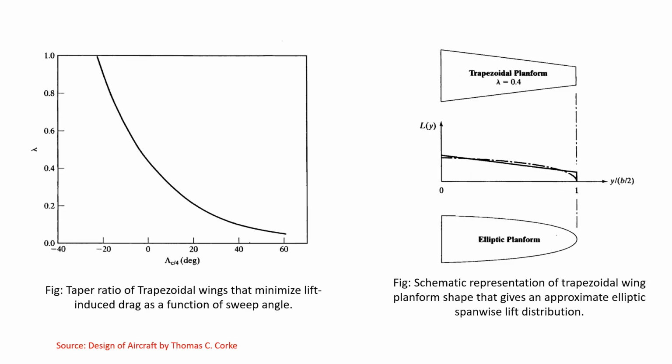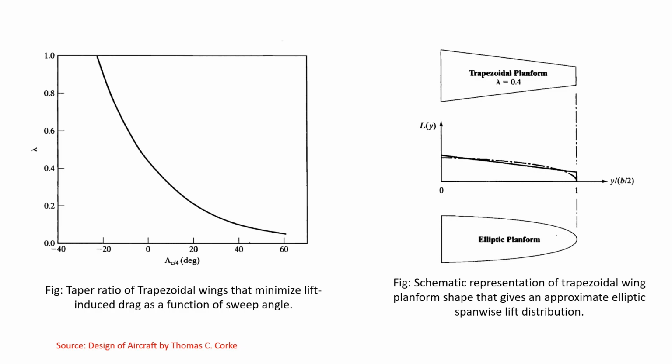Again, one of the key design drivers for the selection of a taper ratio is to minimize the amount of lift induced drag. From lifting line theory, for an unswept, untwisted wing, an ellipse shaped wing planform gives the minimum induced drag.